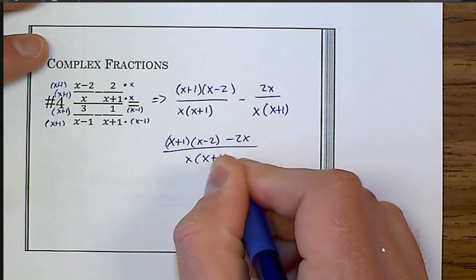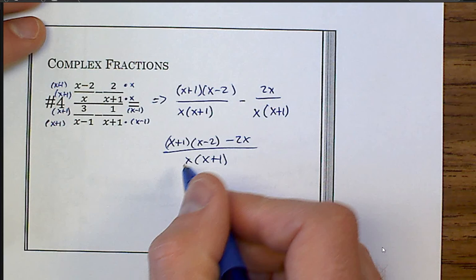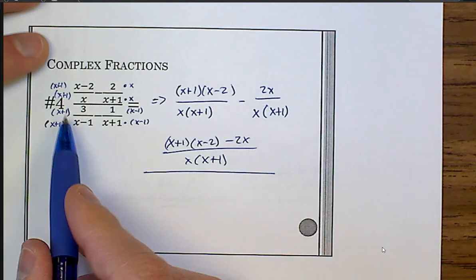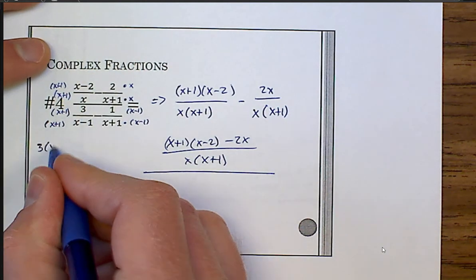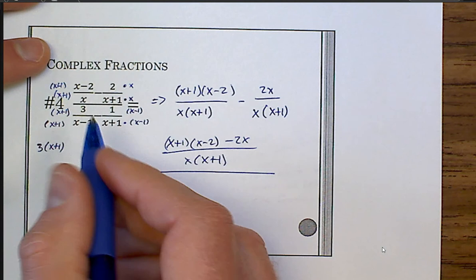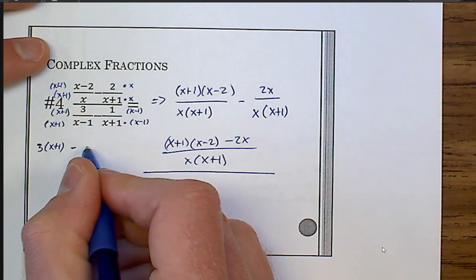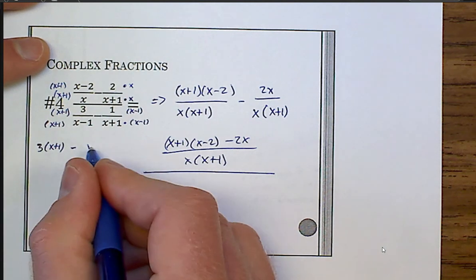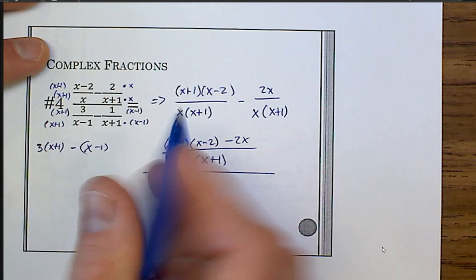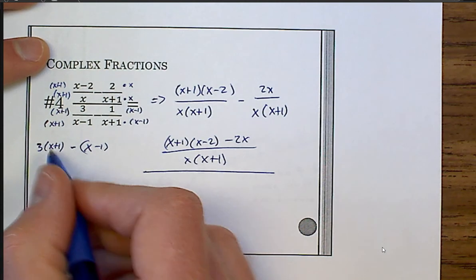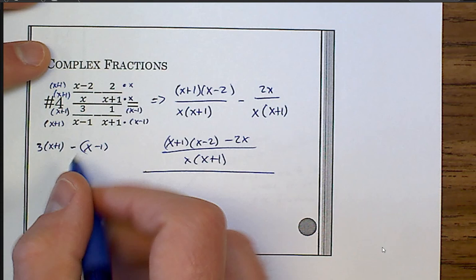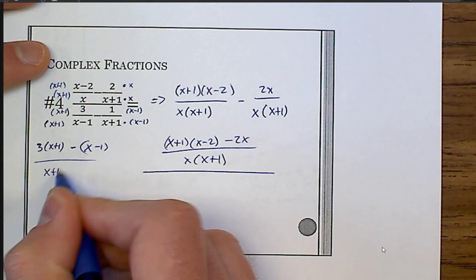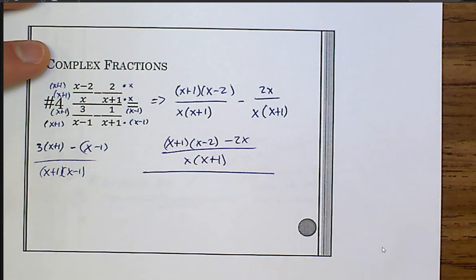So that's the numerator. On the denominator, I got to do that same work. So I'm going to have 3 times x plus 1, minus 1 times that would be just x minus 1. And that's all going to be over x plus 1 and x minus 1. So that's my denominator.